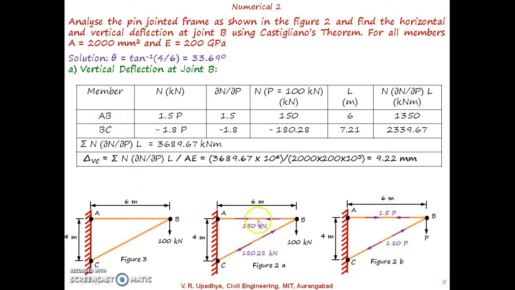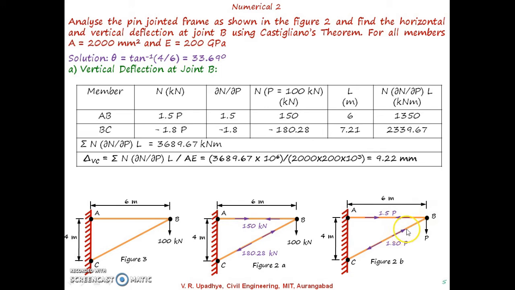Say AB is one member and BC is the other member, and P force is applied at joint B. By using method of joints at joint B and considering equilibrium, instead of applying summation Fx equal to 0, if we apply summation Fy equal to 0, we'll be in position to find the internal member force in member CB. As force P is vertically downward, the component of the member force in CB must be vertically upward.